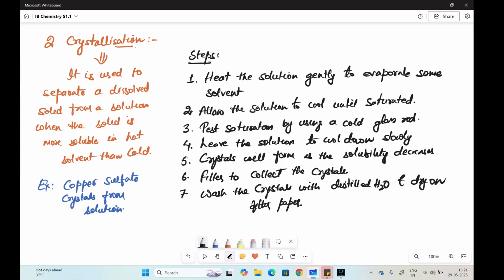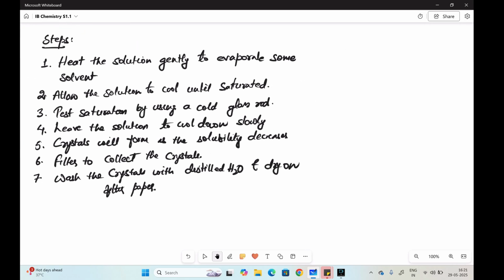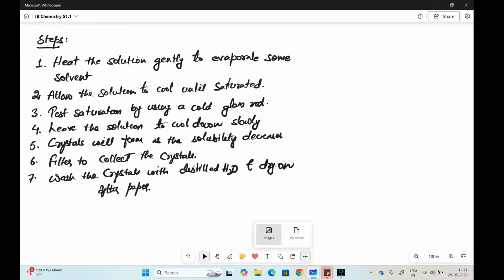After all these steps, you will be able to see the overall crystals. So before, let me show you how the crystals look like.